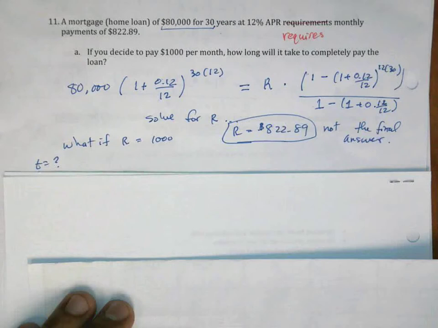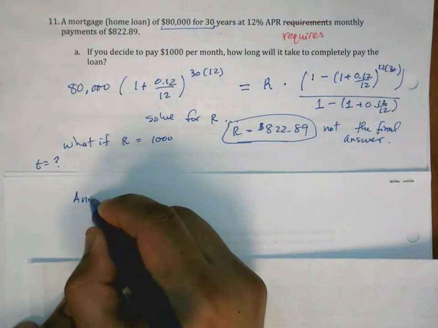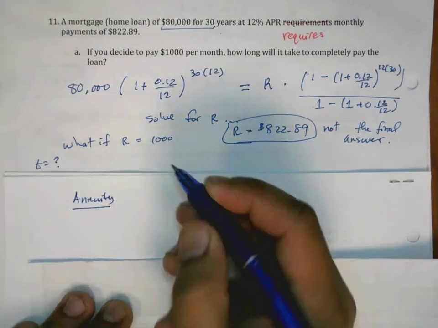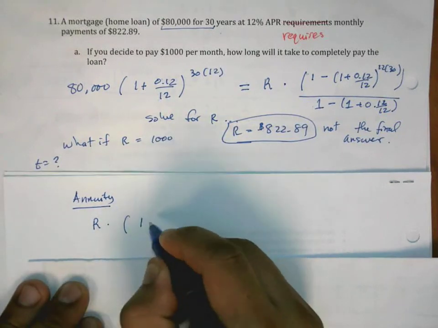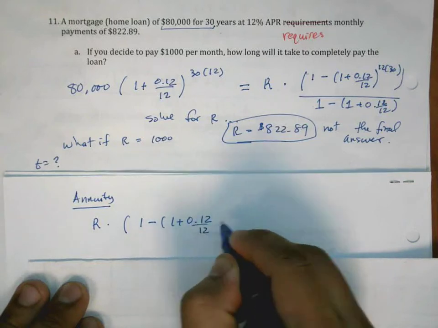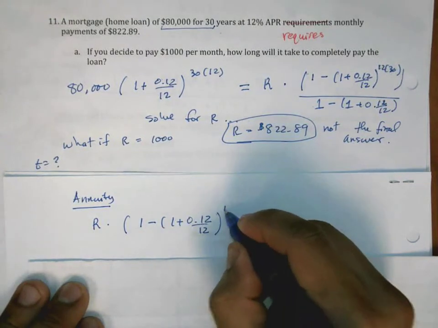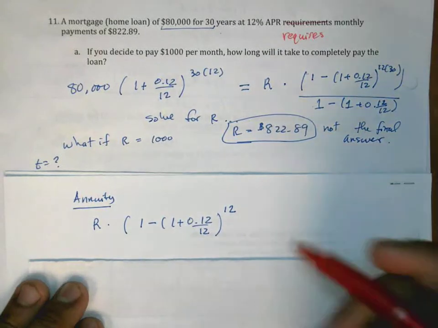So for the annuity, we would have R times 1 minus 1 plus 0.12 over 12. We're still doing this 12 times per year, but we don't know how many years we're going to do this for. Okay.